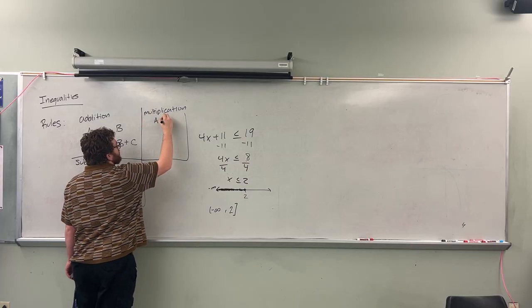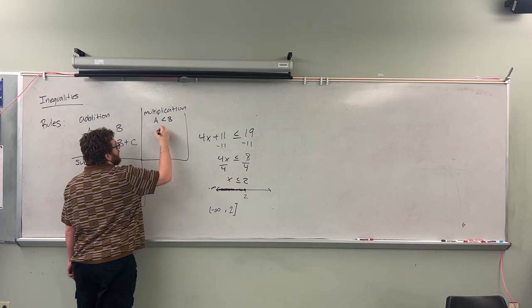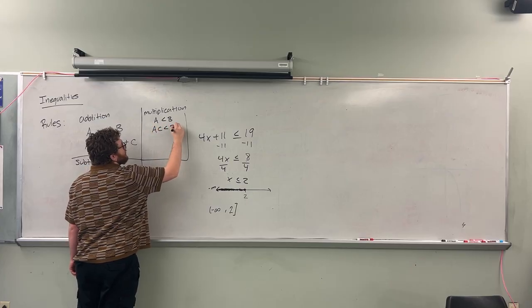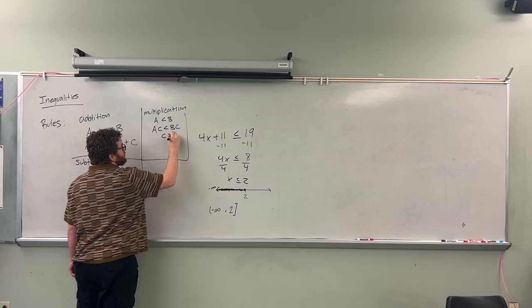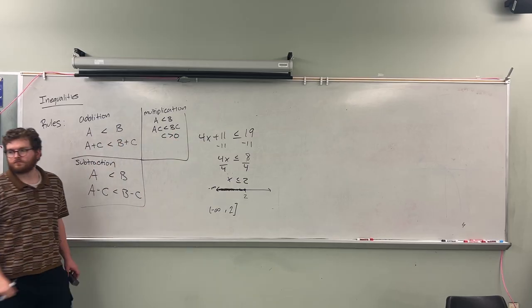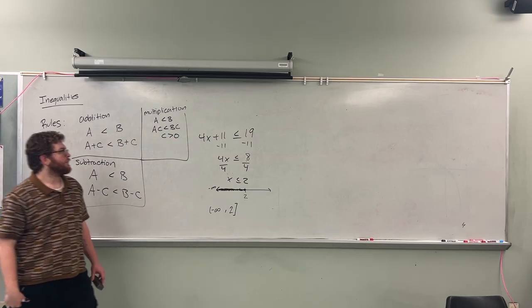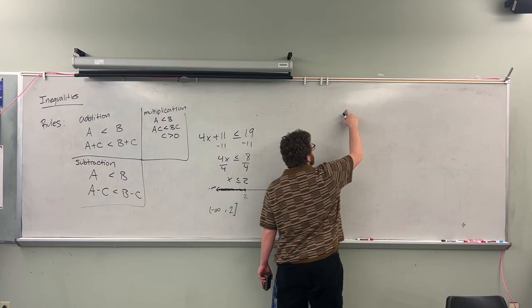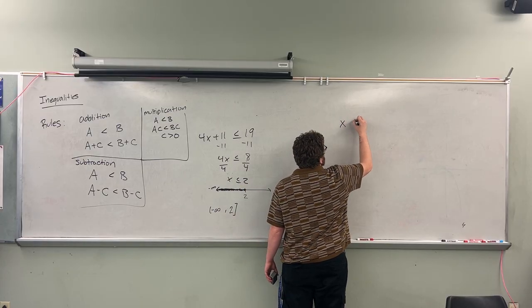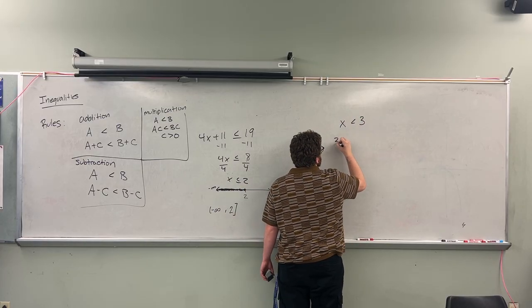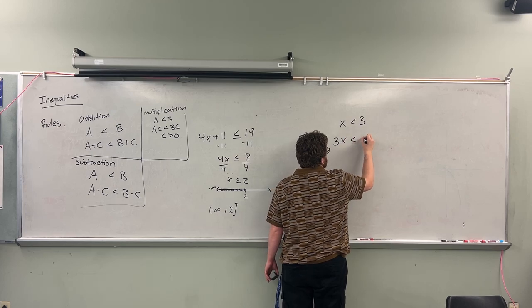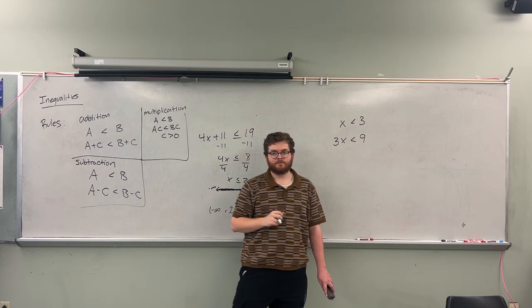The first one is if I multiply by a positive number, my sign doesn't change. So for example, if x is less than 3, 3x is less than 9. That's true.